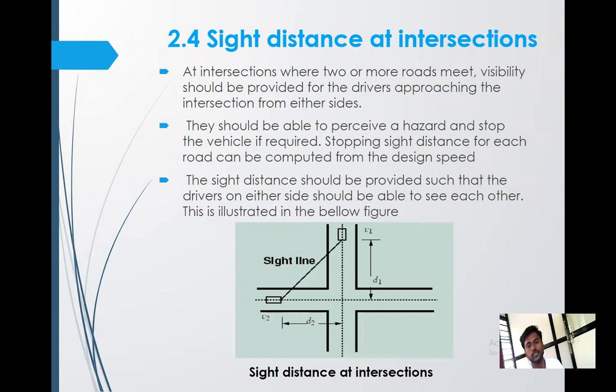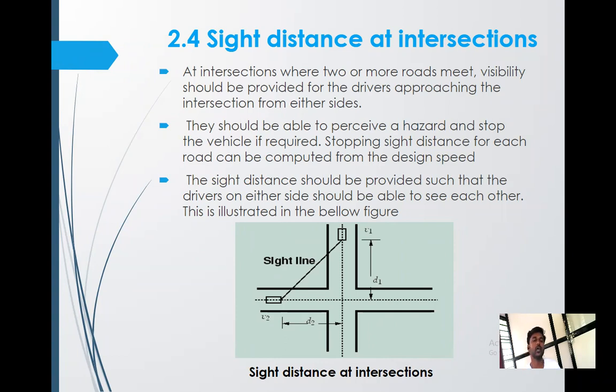Then what is sight distance? See here in the figure, it is shown. One vehicle should easily see another vehicle which is coming from another road, so that they avoid the collision and the accident. Also, at the intersection, we have to design the road such that there is proper visibility to the driver approaching the intersection.